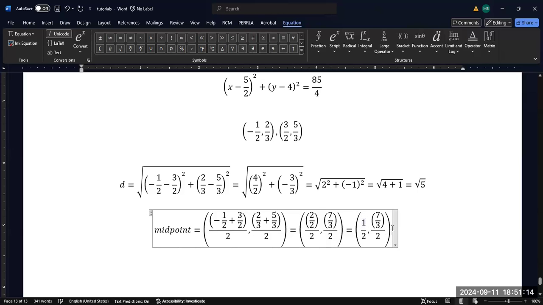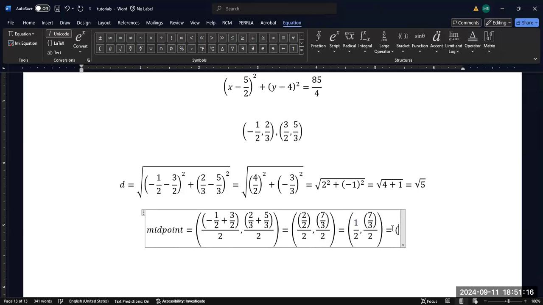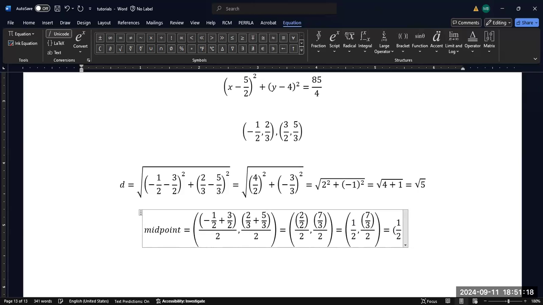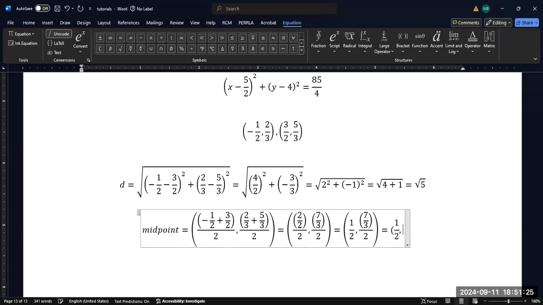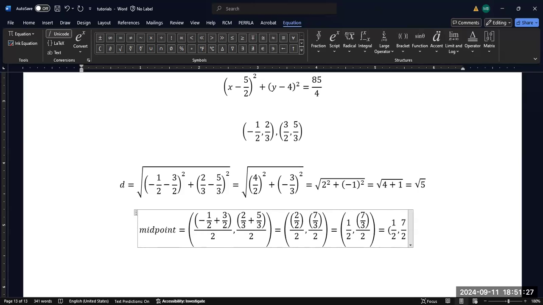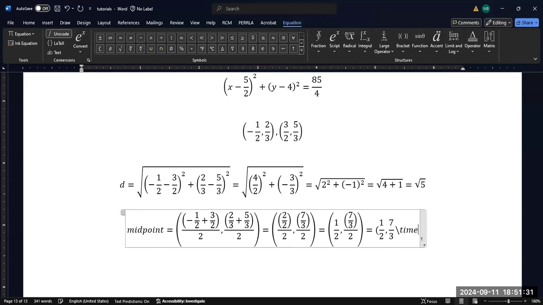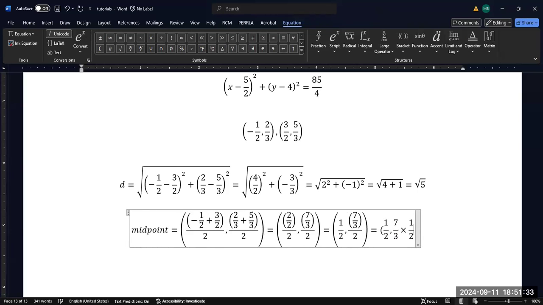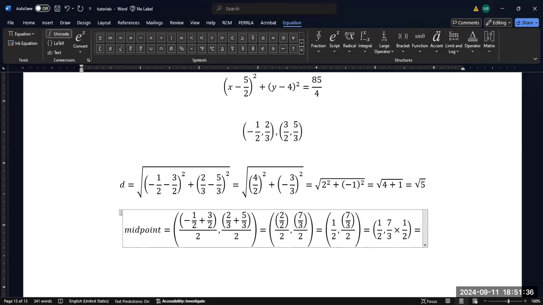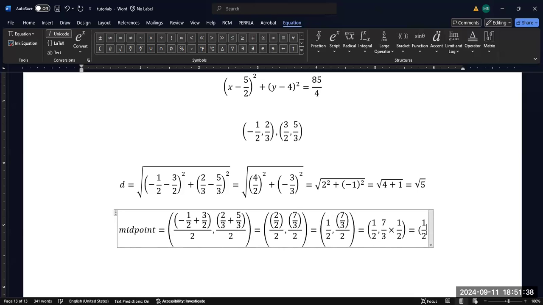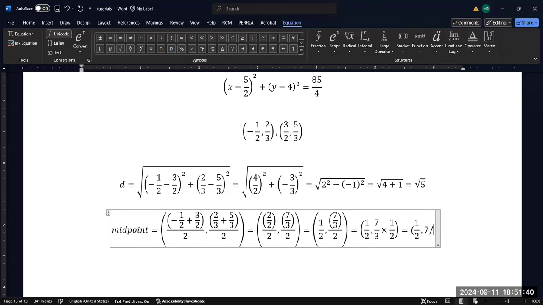And in my second coordinate, the 2 in the denominator, dividing by 2 is the same as multiplying by the reciprocal. So this is going to be 7 over 3 times 1 over 2. And so this is going to be (1, 7 over 6).